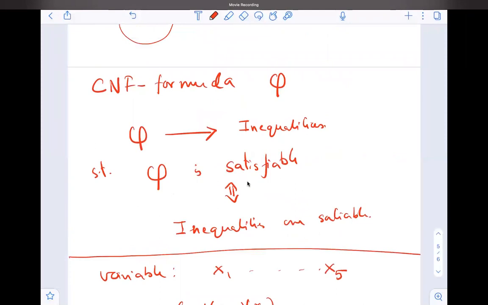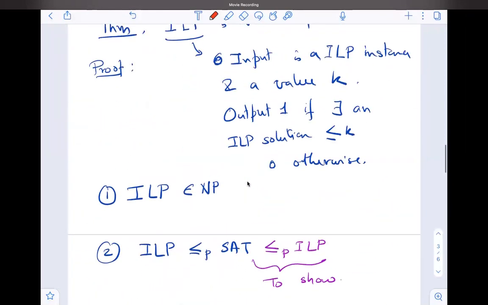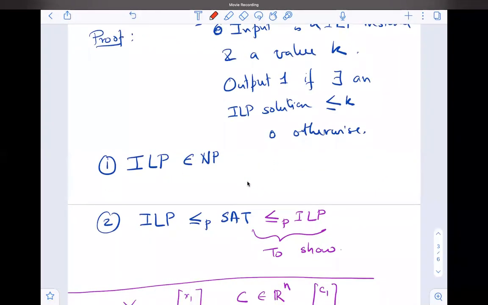What is it that we want to prove? We want to prove SAT is less than ILP. It is not that we start from an ILP solution, write a SAT formula, and then say that ILP has a solution if and only if SAT has a solution.